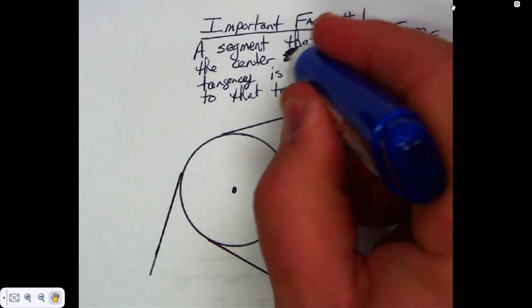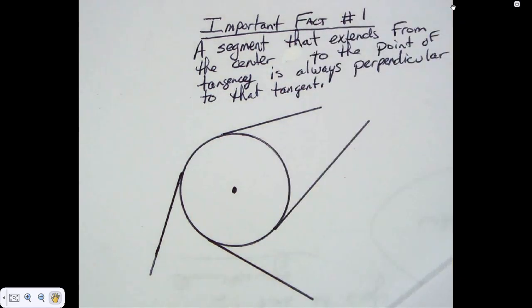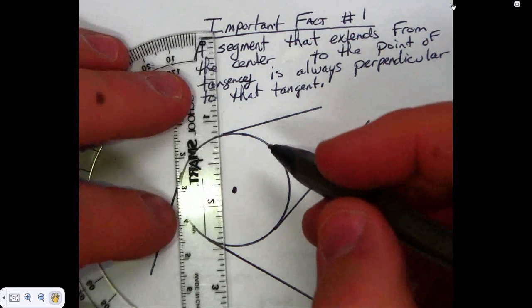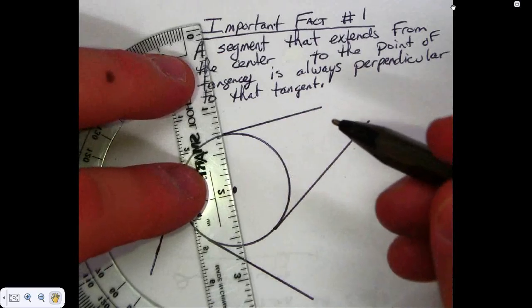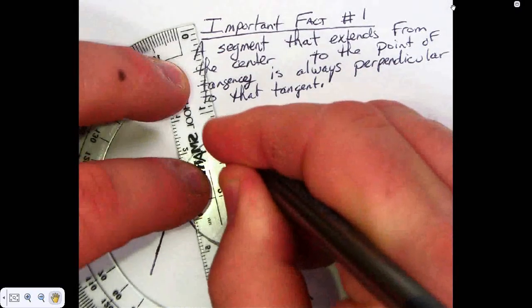So what am I saying here? Am I not in essence saying connect the dots? Start where? At the center of the circle and go to the point of tangency, just like that. What should happen?